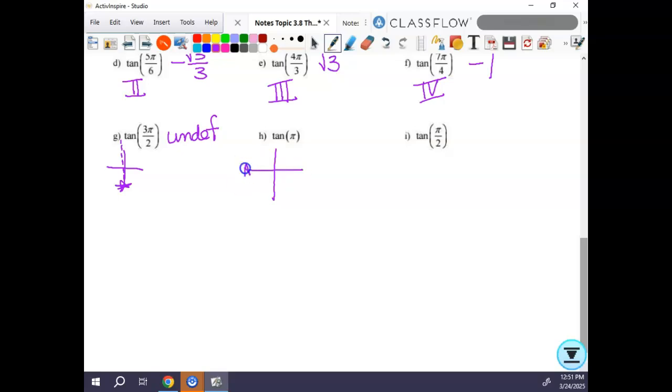Pi is right here. That's on a horizontal line. What's the slope of a horizontal line? 0. Pi halves right here on a vertical line. What's the slope of a vertical line? Undefined. Very good. Okay. You need to practice this. When I give you your assignment, do not just stick it in your binder and never look at it again. Practice it while it is fresh on your mind.